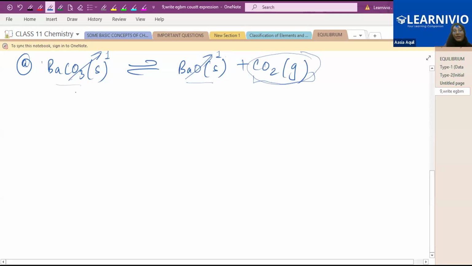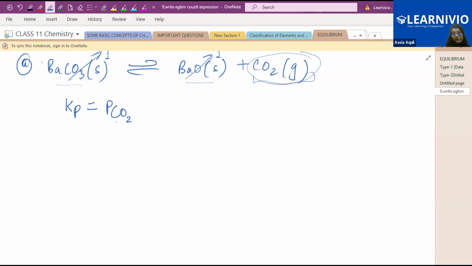In your equilibrium constant expression, you will write Kp equals, and since it's a gas, we will talk about the pressure of this carbon dioxide. So Kp is equal to pressure of carbon dioxide. Clear to everyone?